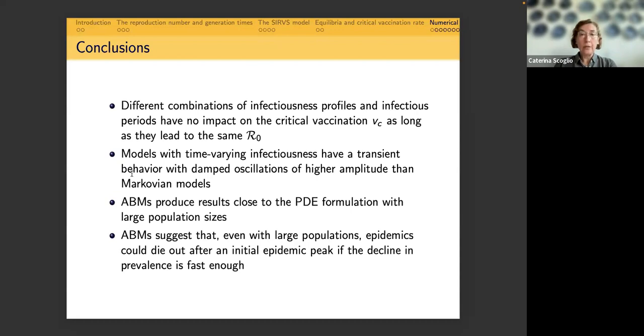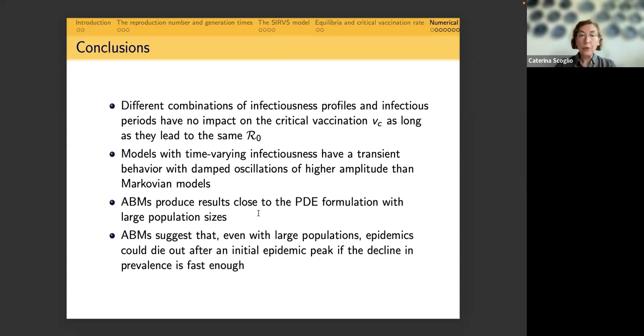we need the non-Markovian model for the transient behavior, because its output has damped oscillations of higher amplitude than the Markovian model. The waves are definitely much more pronounced.